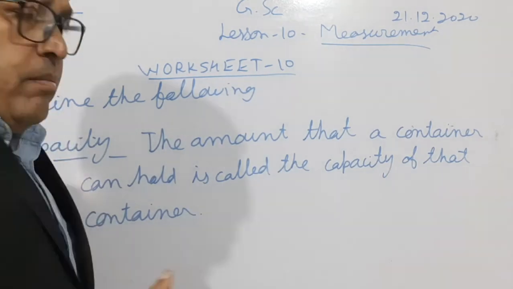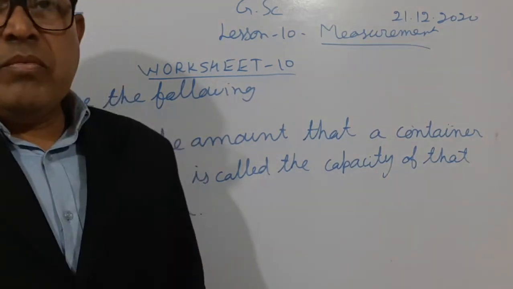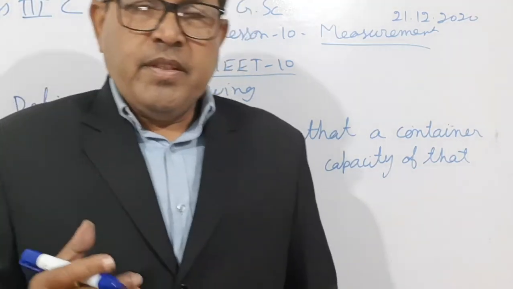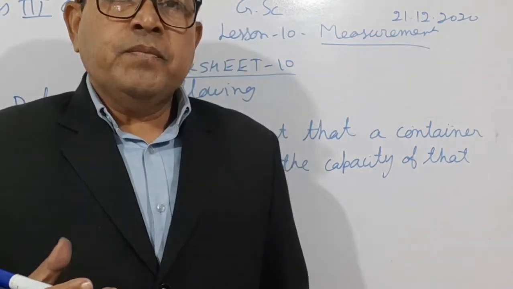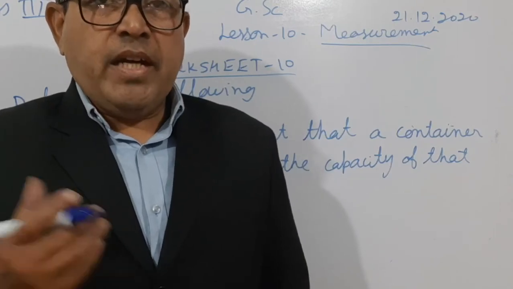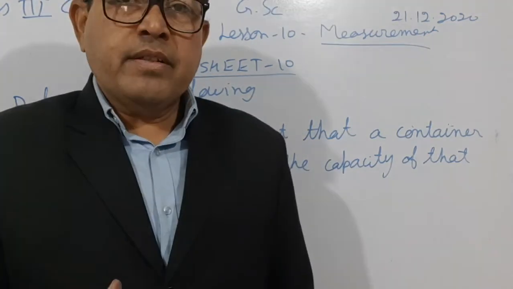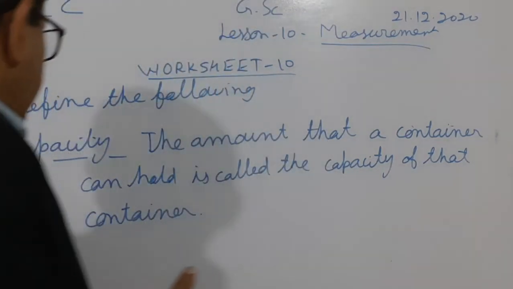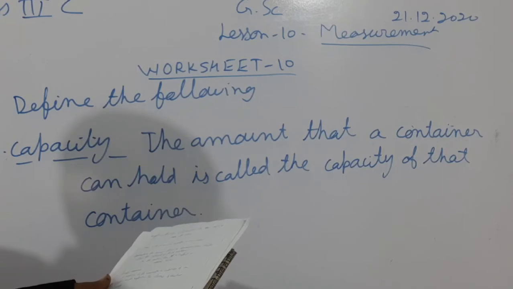So suppose we have one water bottle, the capacity of the water bottle is 1 liter or 500 ml. So in this way we can write about the capacity.